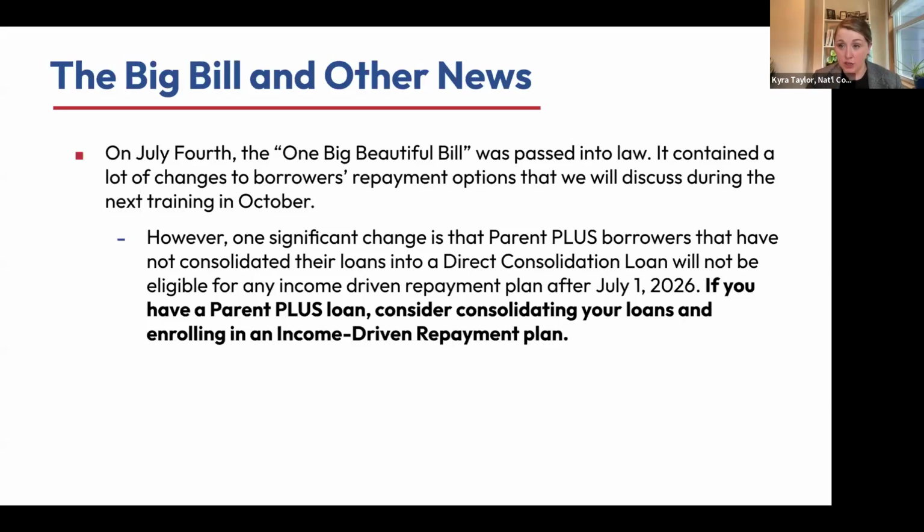That is changing under this new law. Parent Plus borrowers that have not consolidated their Parent Plus loans into a direct consolidation loan will not be eligible for any income-driven repayment plan after July 1st, 2026.